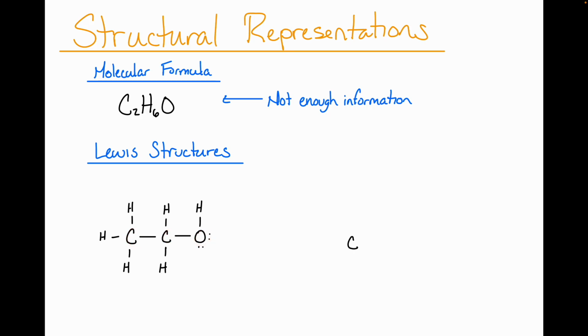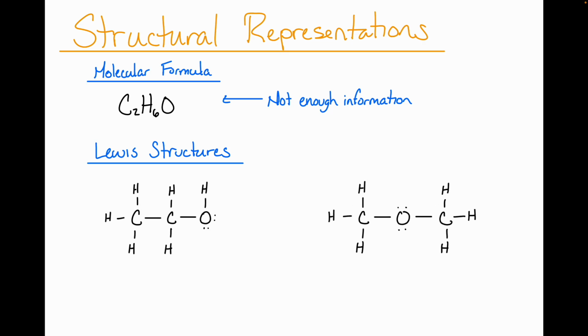Or we could have carbon, then oxygen in the middle, then another carbon on the end. So these were these 2 Lewis structures.